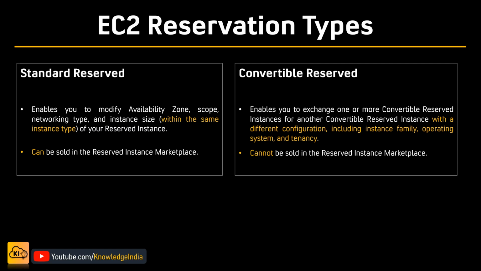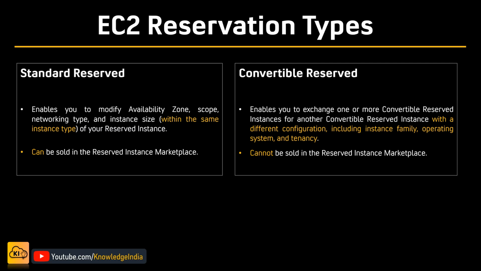That is not possible in standard reservation. Whereas in the convertible one, we can go ahead and exchange our reservation. Let's say today I have reserved 4 m5.large instances, and tomorrow I want to change it to c5.large. It is possible. You can go with different tenancy, different operating system. All of that is possible.